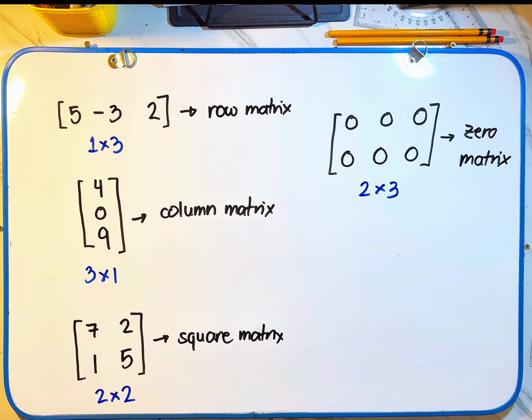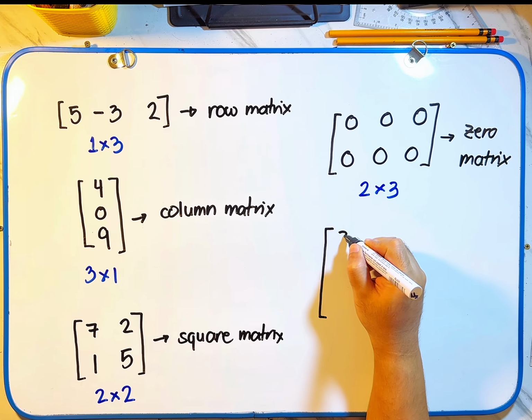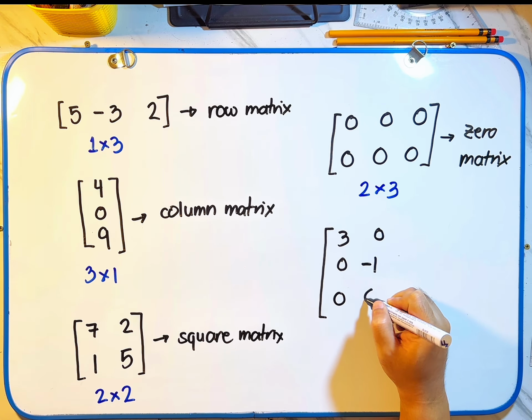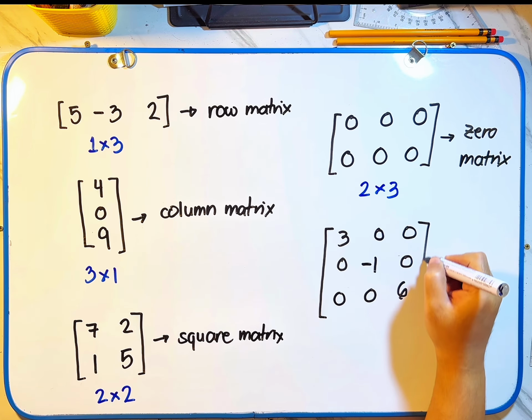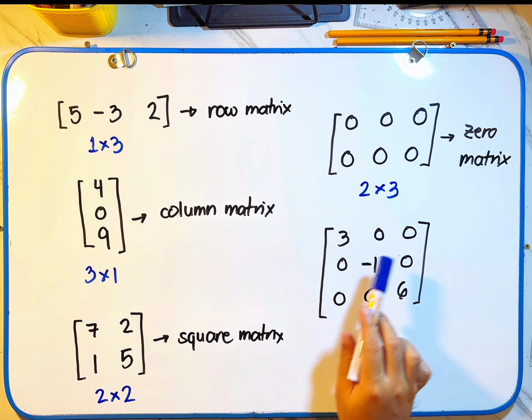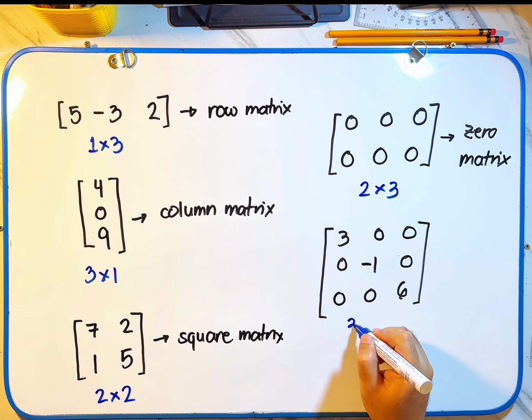Okay? And it's also possible for matrices to have multiple classifications. For example, how do we classify this matrix? First, what's the order? We have three rows and three columns. So that's 3 by 3.